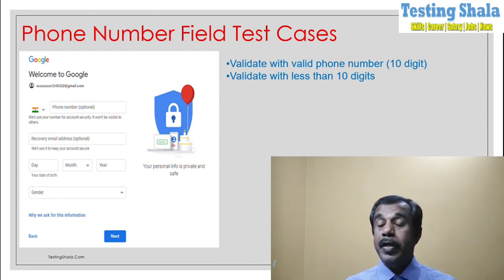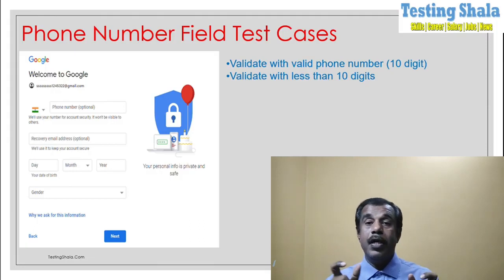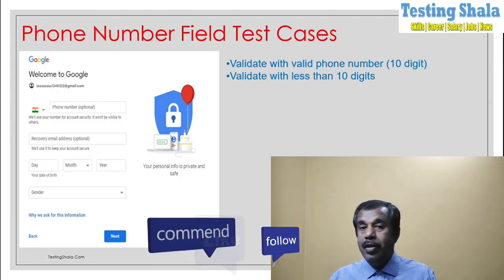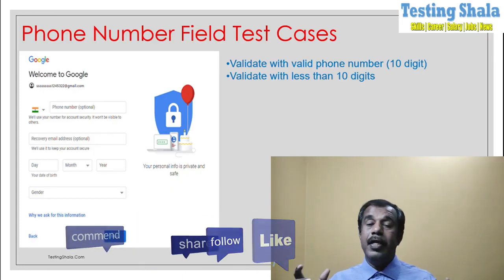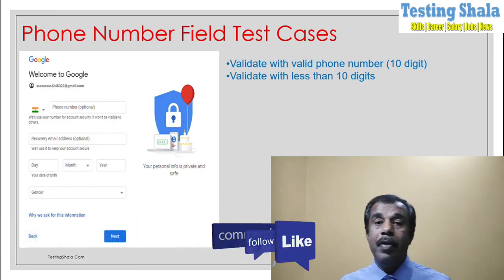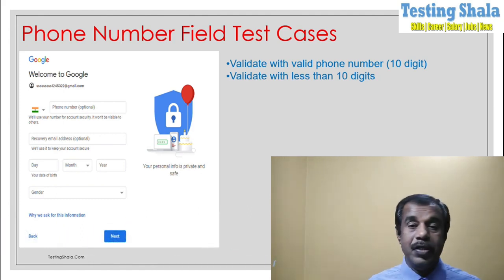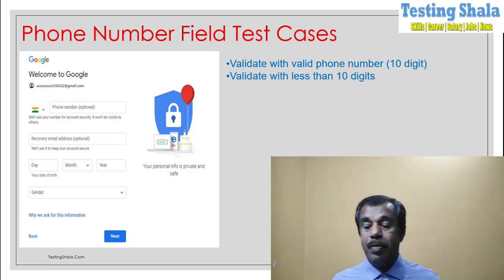And we should also validate, if I give all 10 numbers, whether it accepts. If I just enter any 10 numbers, that is not a mobile number, right? A mobile number starts with a certain number, ends with a certain number, and there is a predefined sequence of numbers. If I just enter 00 and some 10 digits, it won't accept, right?